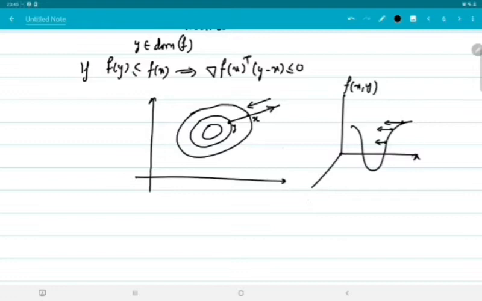Sorry, this is the x axis, this is the y axis. These small x and small y are points. This is my x axis, this is my y axis, and the function is on the z axis, which is conveyed by the contours.